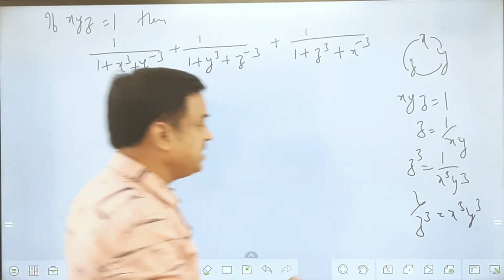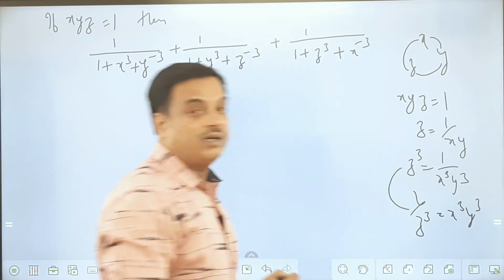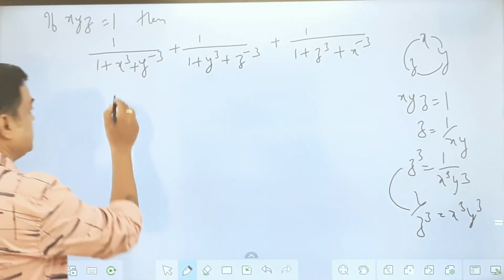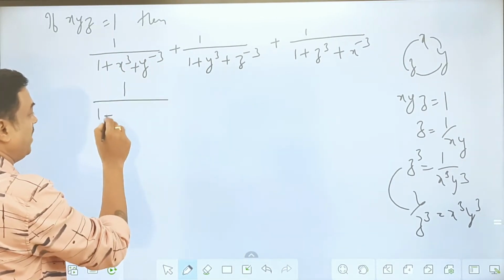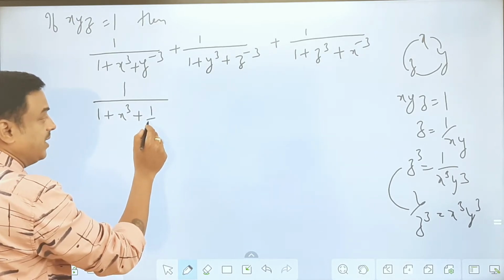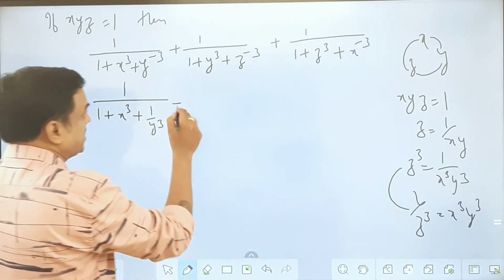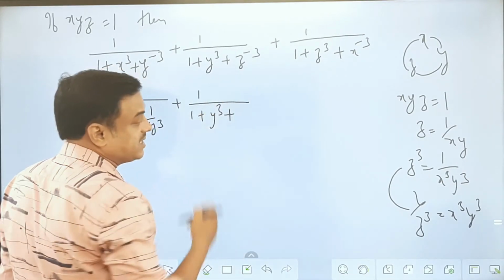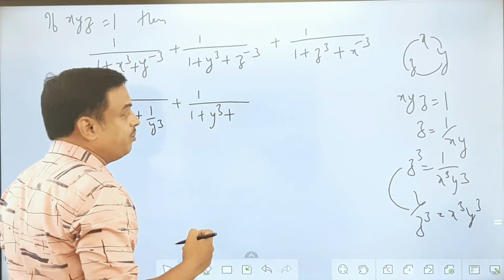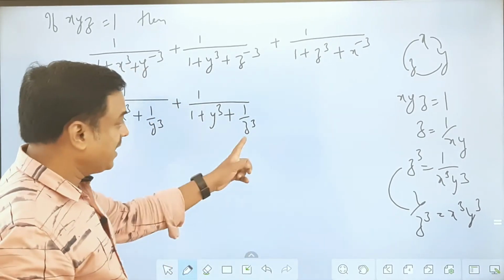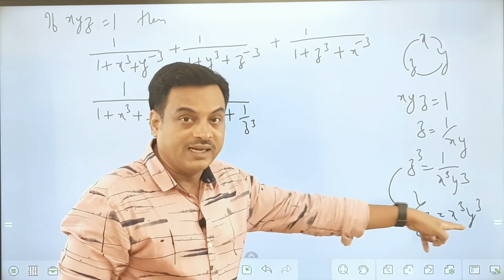So you can see these are the z in terms of x and y I have converted. Right? Now let us see this here. 1 by 1 plus x cube plus 1 by y cube, we can write it here, right? Plus 1 by 1 plus y cube plus what is z to the power of minus 3 could be, or 1 by z cube I can write it here, which I can replace with 1 by z cube value here, okay?